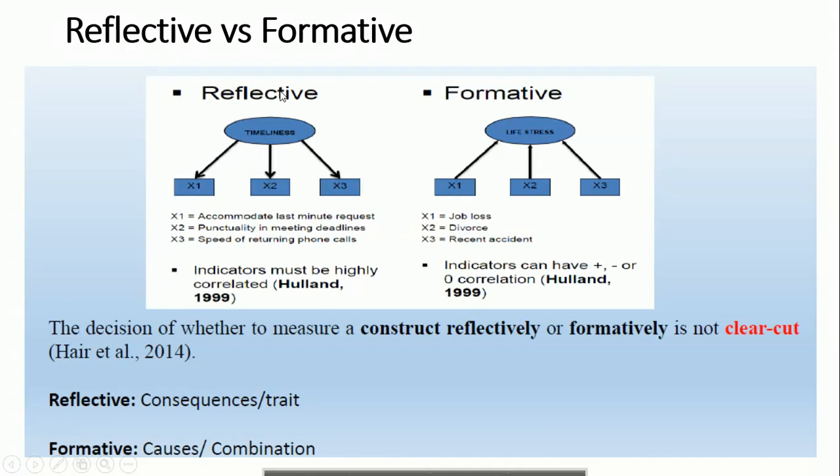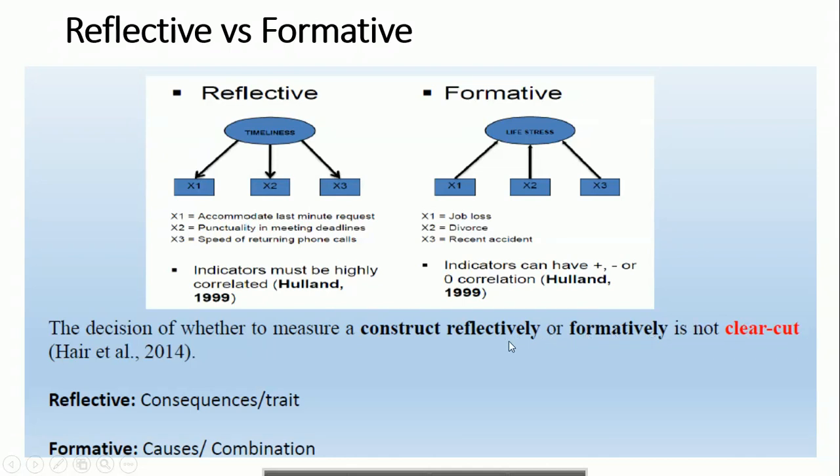We already explained the things here. For reflective, the arrow goes from the construct to the indicator, and indicators must be highly correlated. For formative indicators, the arrow goes from the indicator to the construct, so indicators can have positive, negative, or zero correlation. The decision of whether to measure a construct reflectively or formatively is not clear cut.